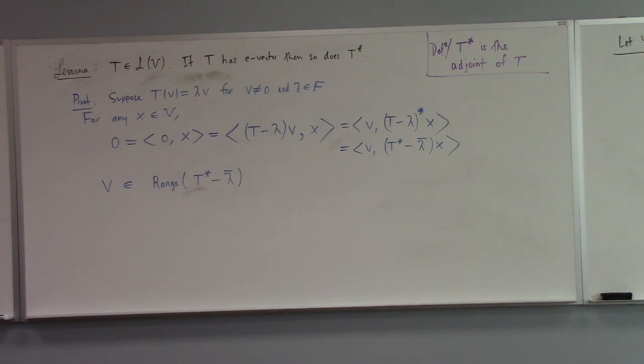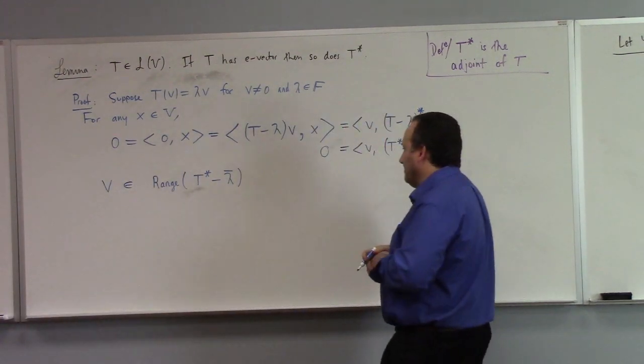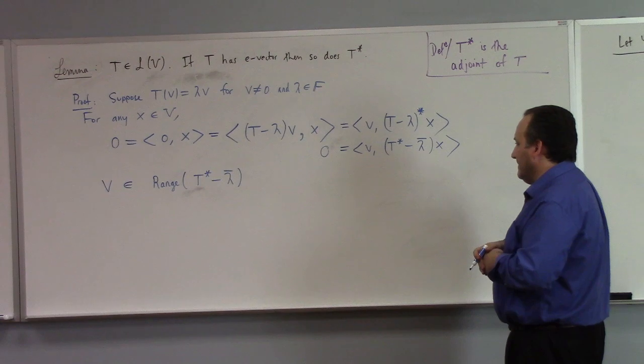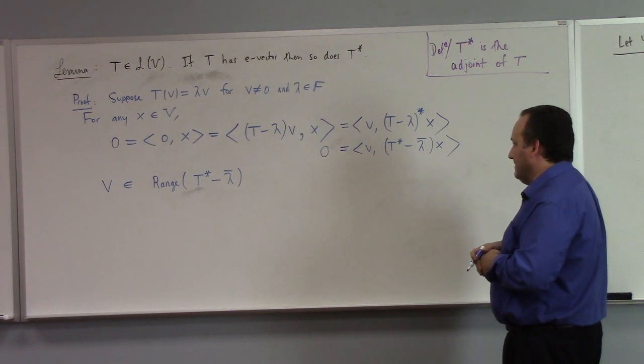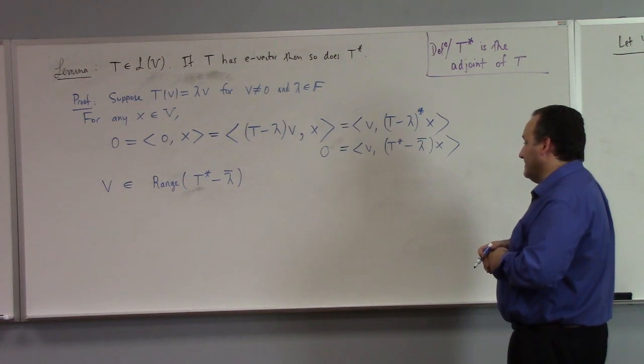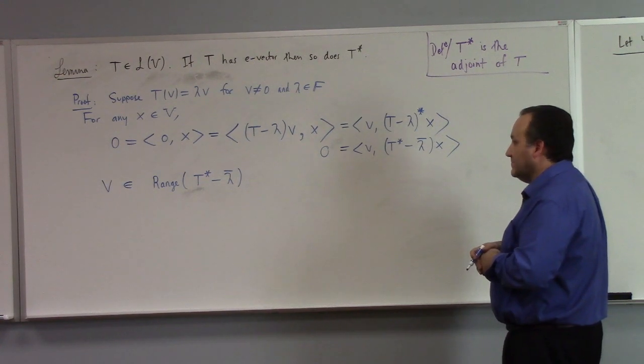And that little vector V is what? Non-zero. V is non-zero, which means that T conjugate minus lambda, also lambda conjugate would be the term for it, but anyway, that of X is 0.